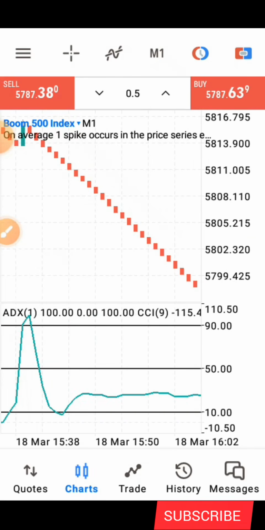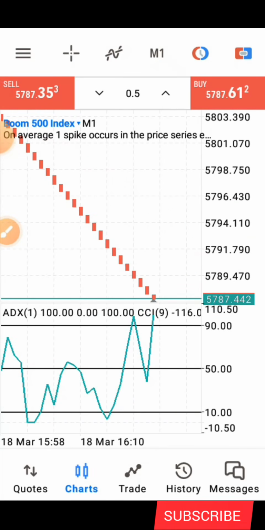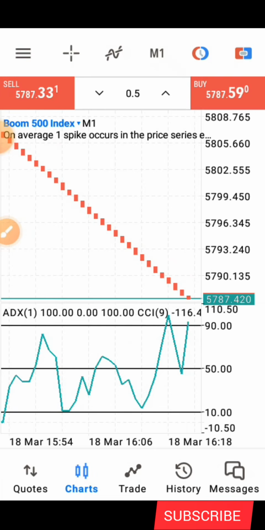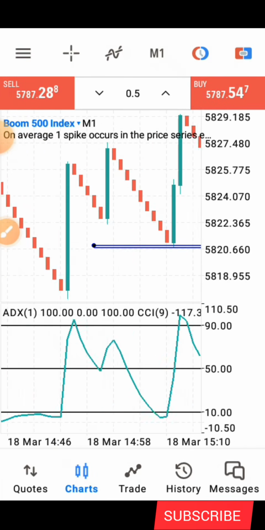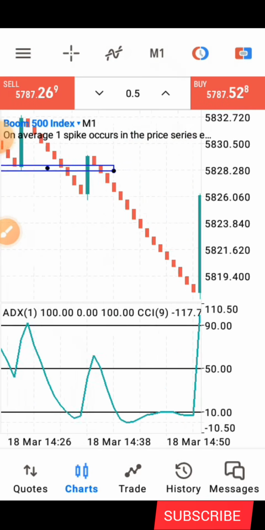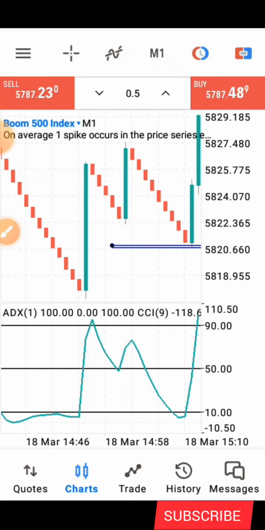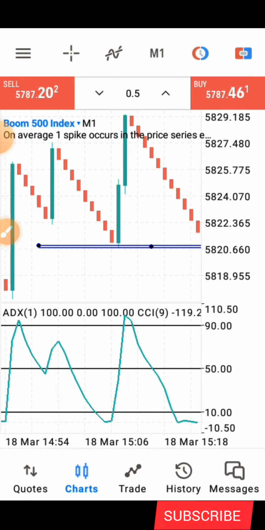Right, so let me show you guys another example here. Now, this is where the market is currently. So this is a very good strategy, guys, if you apply what I'm saying. If you are using a 0.60 lot size, you'll be getting like $1 on each entry. And with this strategy, you are going to be having multiple entries.